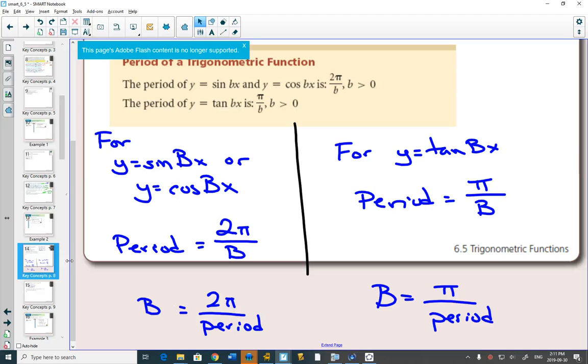So the formula for period of sine and cos is 2 pi divided by your b value. And for tan, since the tan has an original period of pi, your period for tan will always be pi divided by your b value.